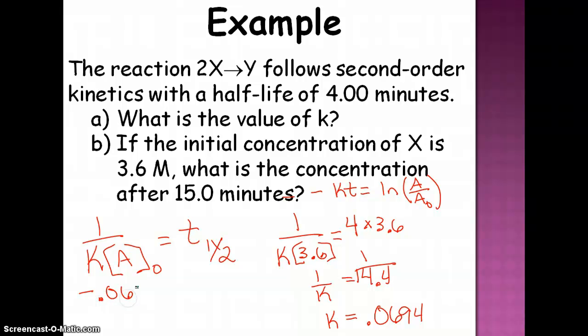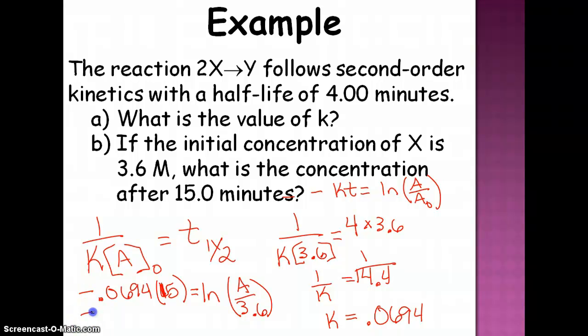So we have 0.0694 times time, which is 15 minutes, equals natural log. It wants to know the concentration, so we're looking for A, and our original concentration is 3.6. First we can deal with this side: negative 0.0694 times 15.